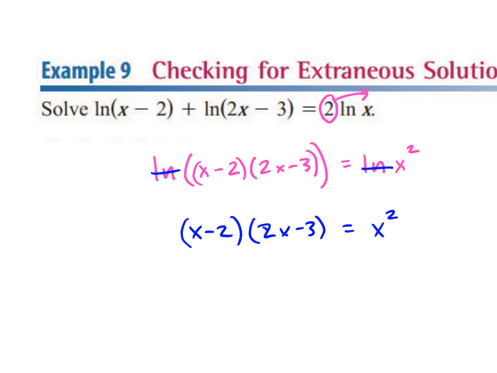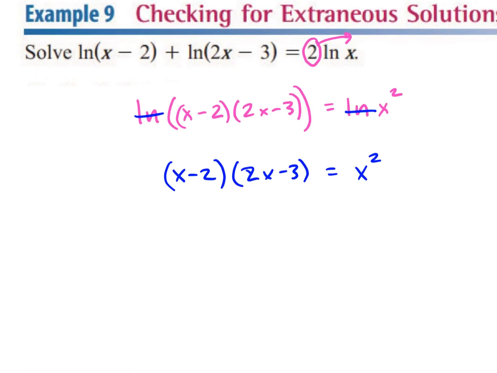What should I do next? FOIL. So x times 2x is 2x squared. X times negative 3 is negative 3x. Negative 2 times 2x is negative 4x.